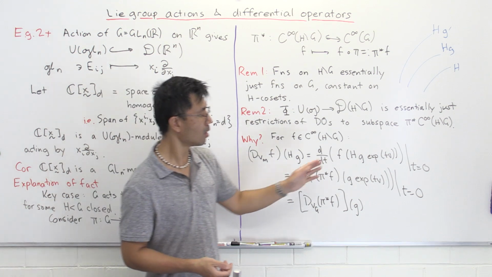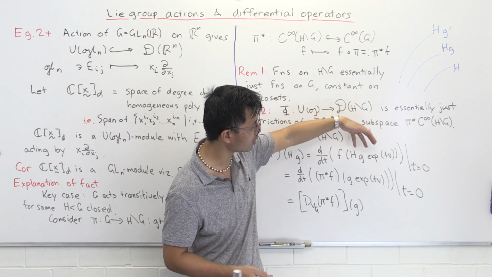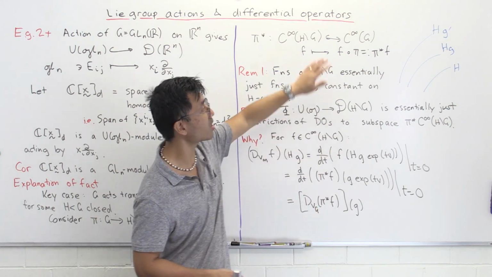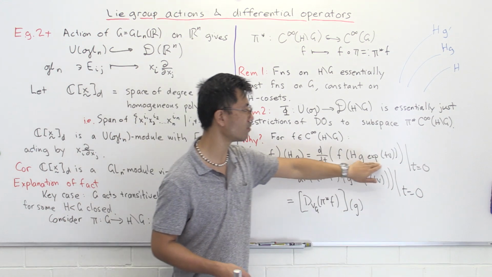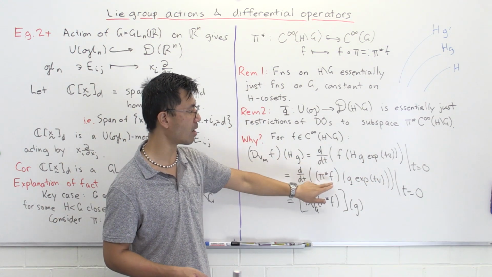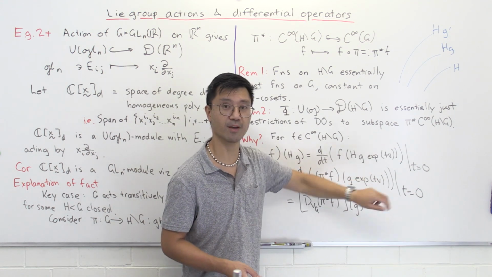This is the function value on this coset, so of course you can think of it as a function on G using pi upper star. This function value here is just pi upper star of f at g exp(tv).